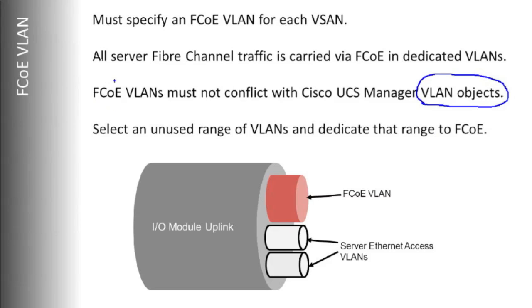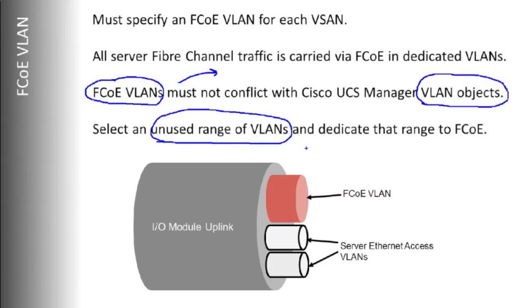So make sure your fiber channel over Ethernet VLANs are using unique identifiers from your normal VLAN objects. So this requires pre-planning, doesn't it? We want to make sure that we have an unused range of VLANs for use with fiber channel over Ethernet.